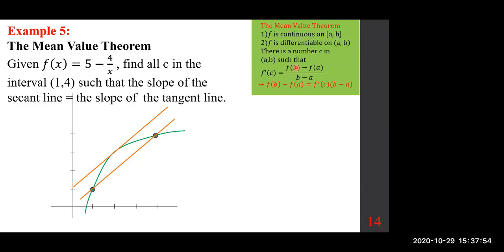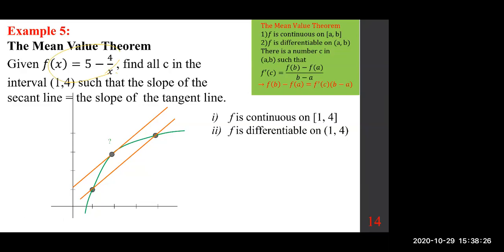Okay. So I hope you realize that this function is continuous everywhere except at x equals 0. Same thing, differentiable everywhere except at x equals 0. And when you look at this interval, it doesn't contain 0, so we are good to go. F is continuous and differentiable from 1 to 4. Why is that? I want to make sure everybody understands why.